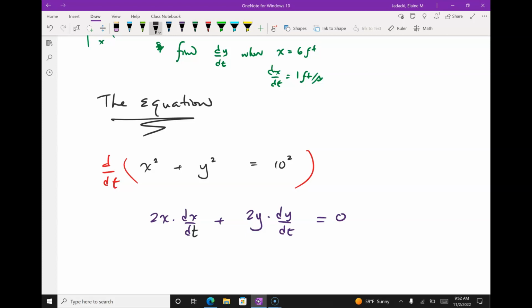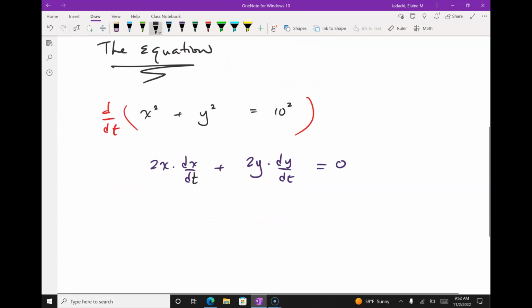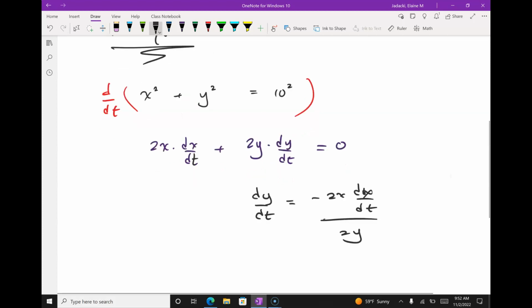But I know x is 6, right? I want to know what's happening to dy dt when x is 6. So I'm going to solve this for dy dt. And that's going to be equal to negative 2x dx dt, divided by 2y.